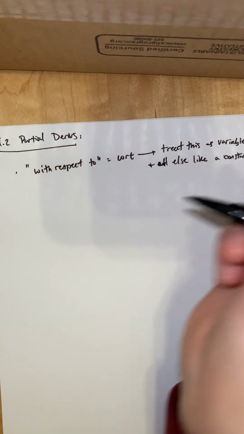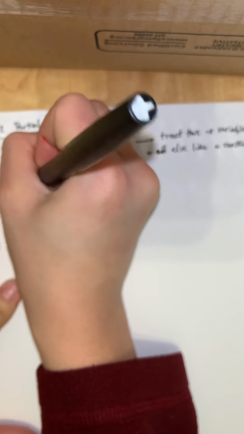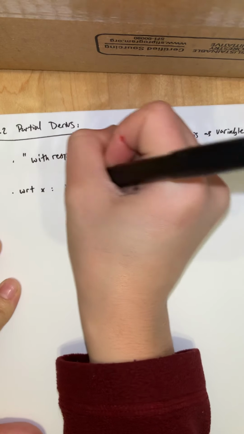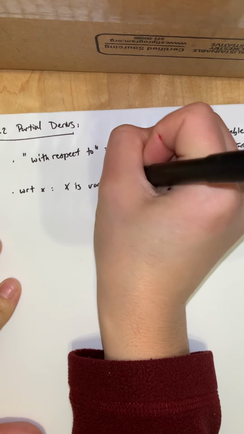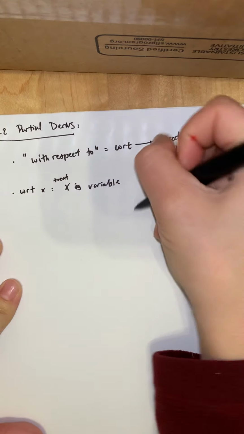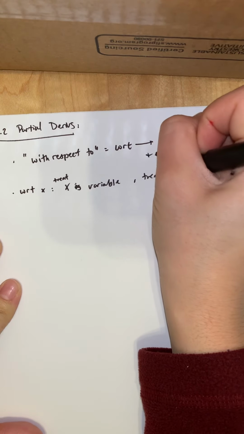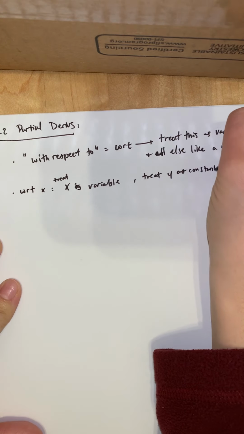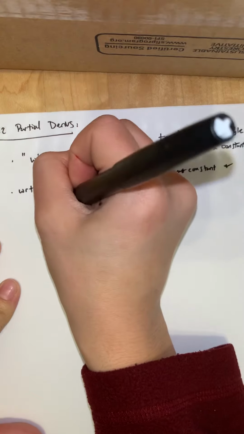Okay. So for example, or more specifically, with respect to x means x is going to be treated as a variable. So treat x as variable, treat y as constant, and then of course we're going to differentiate.